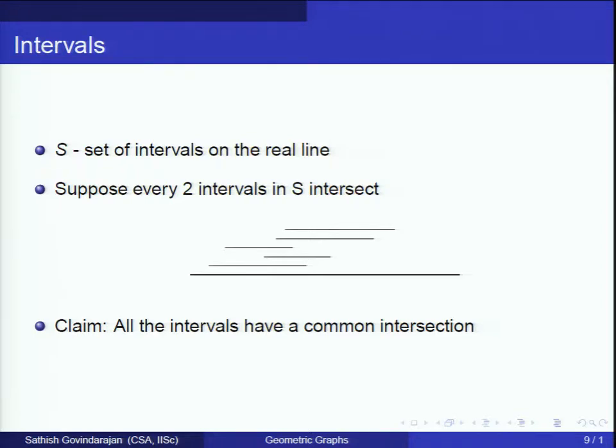And I want to claim that if this property is true for the set of input intervals, then all the intervals will have a common intersection. And obviously, when I say I want to claim this, I would like to give a proof for the statement. Is the statement clear? What is the input and what do you want to prove?